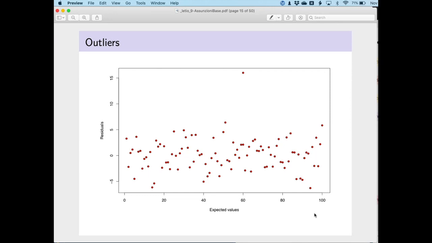We should never remove an outlier just to obtain a good fit. That's not an excuse. It's like removing whatever we cannot explain. And if we can't explain something, that doesn't mean that it is not important or it is an error.